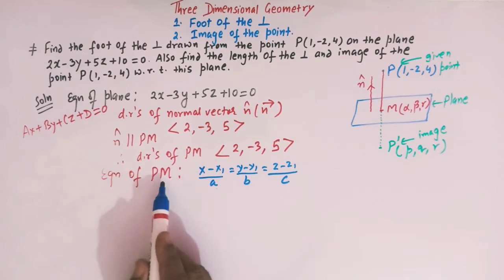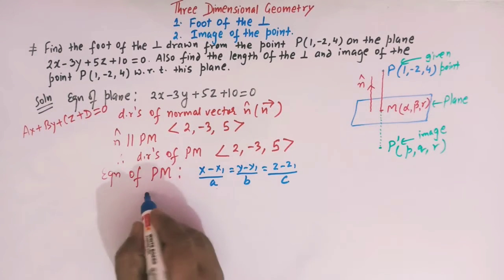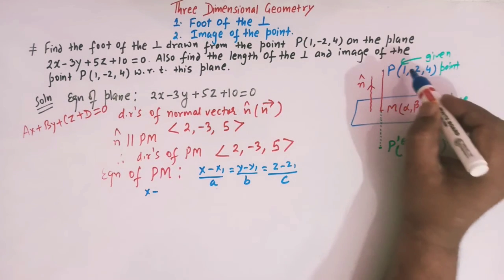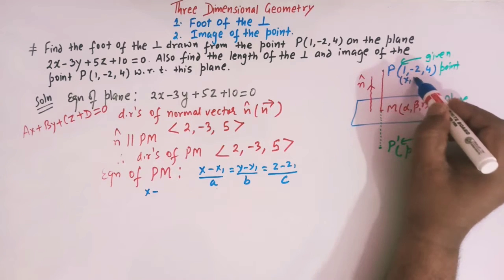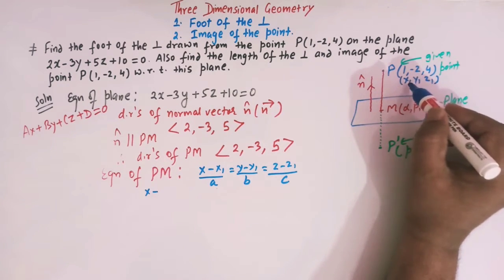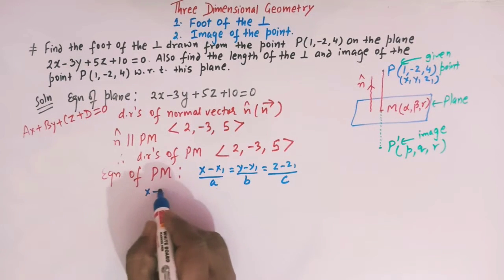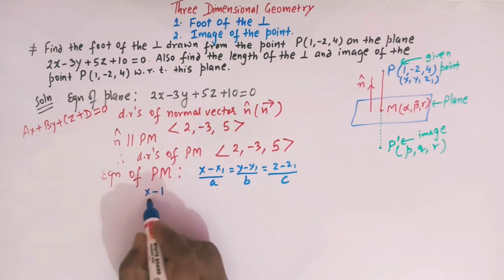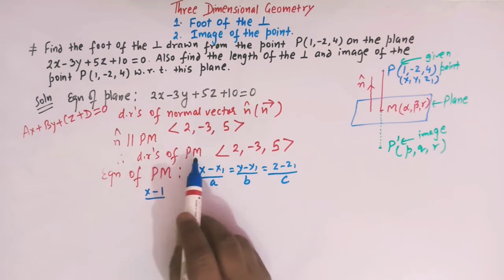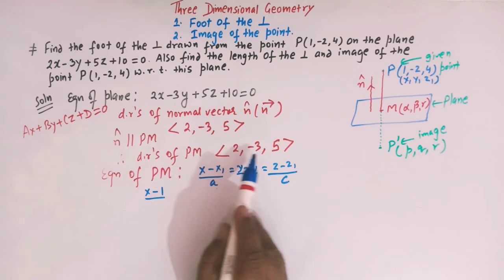So here the equation of PM can be written as x minus x1, y1, z1. So this point x1 y1 z1, we can take 1, minus 2, 4. So we have (x minus 1) over, see, the DRs of the line PM are 2, minus 3, 5.